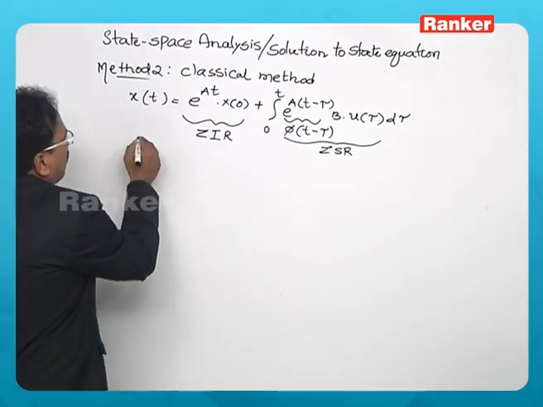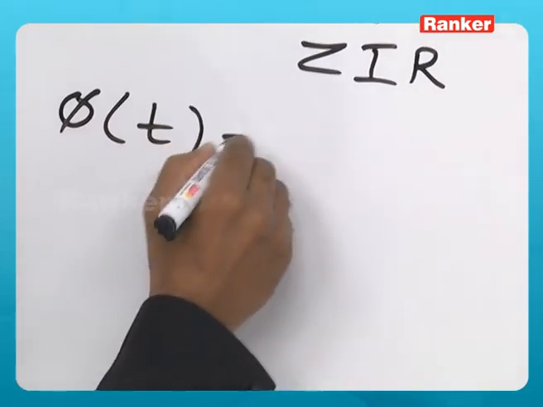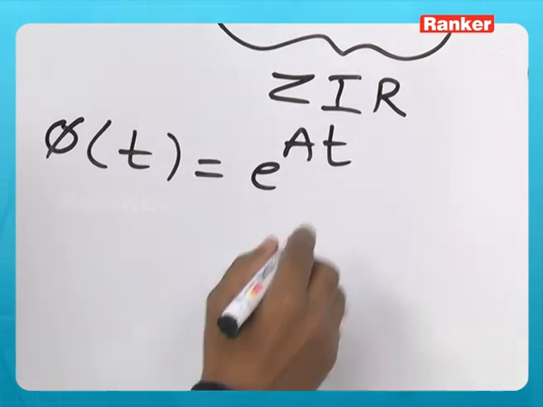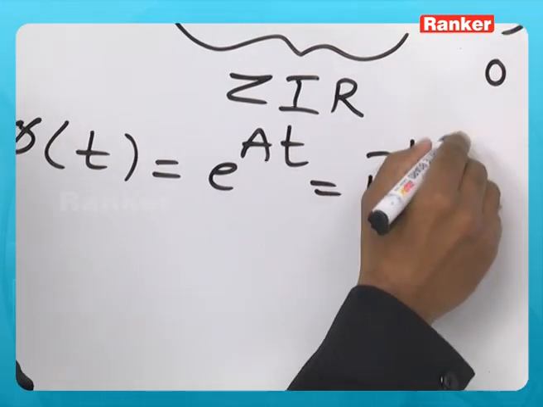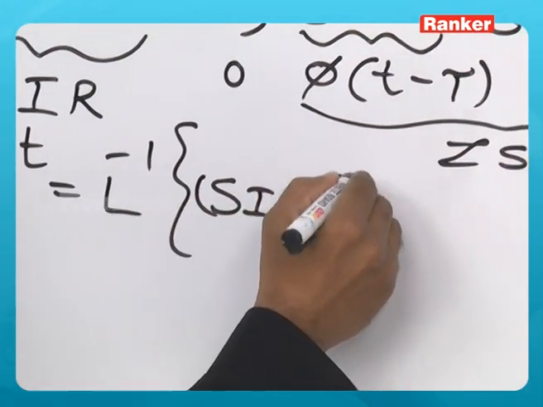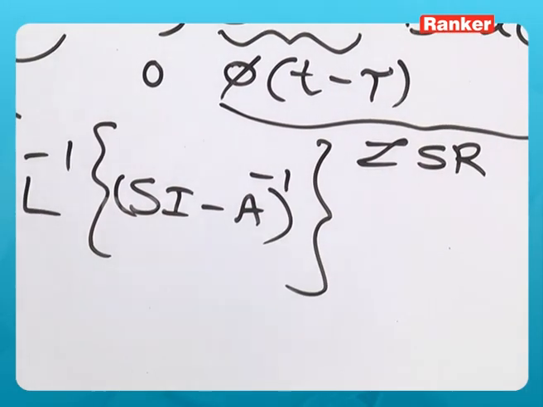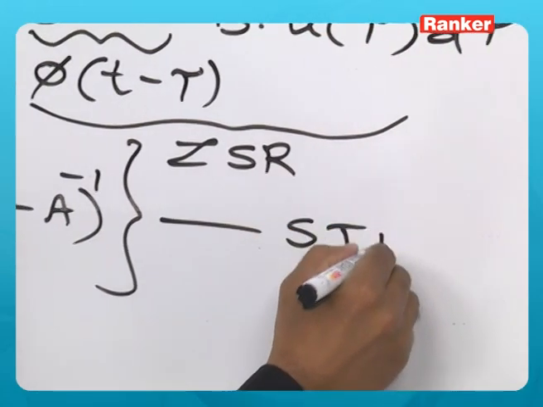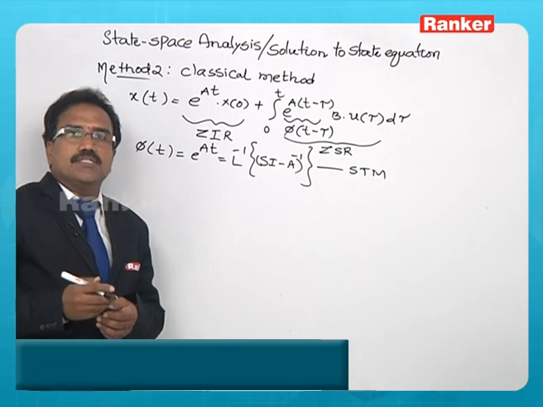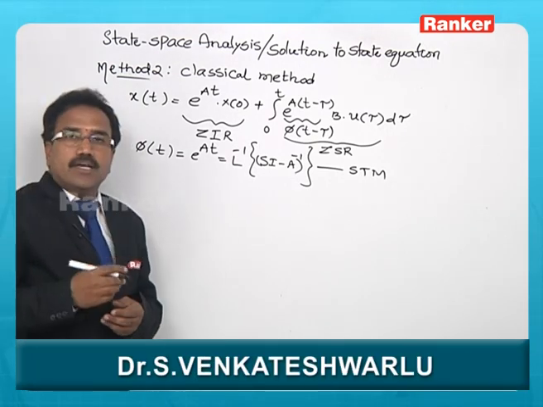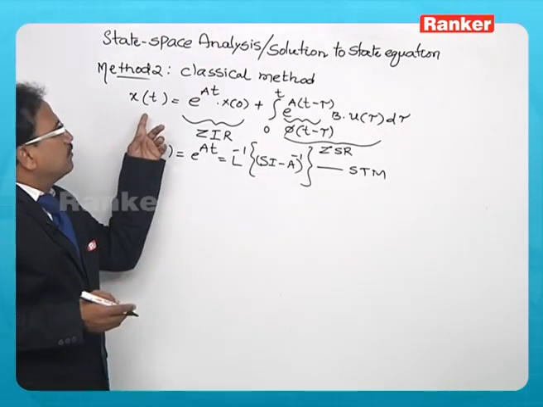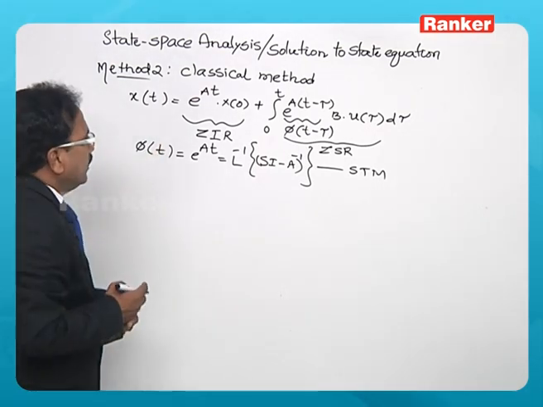So, we can consider phi of t as the state transition matrix, that is nothing but e to the power At. This is equal to Laplace inverse of (sI minus A) inverse. This is known as the state transition matrix. It is the matrix which transfers the state of the system from x of 0 at t equal to 0 to x of t at time t.